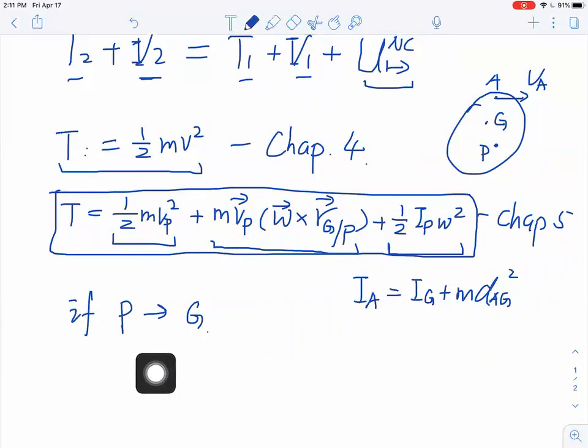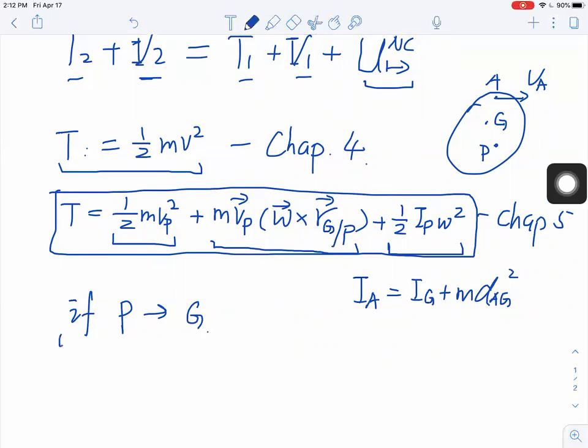Hi, Dr. O. Would that drop your rG/P to 0 and make that term 0? Yes, correct. That's right. So if your point P is point G, this goes rG/G, and there's no distance between those two points. Therefore, I'm going to drop the second term here.